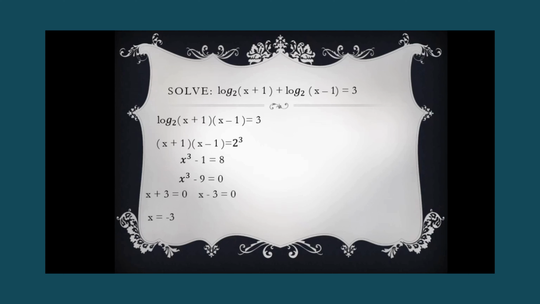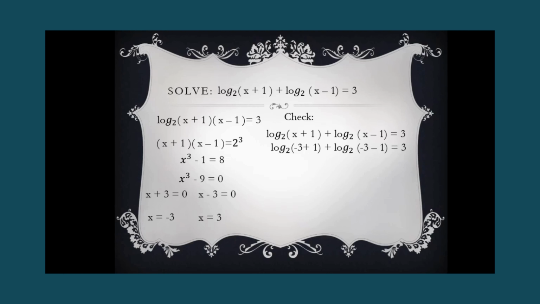Next is the negative 1, and moving it to the other side from 0 it becomes positive. Now to check our values of x, we're going to determine which one will give the equal answer.